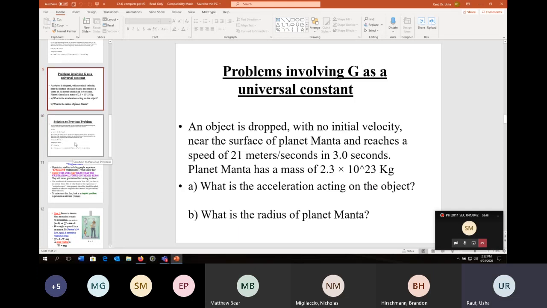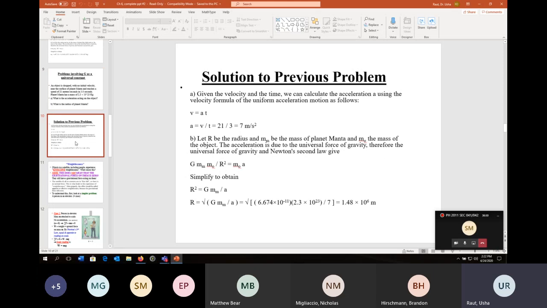To get the radius of the planet, you again use the usual relation, that the weight of the object should be equal to the force of gravity of the planet on the object. And therefore you have the usual equation, and if you simplify it, you get r.